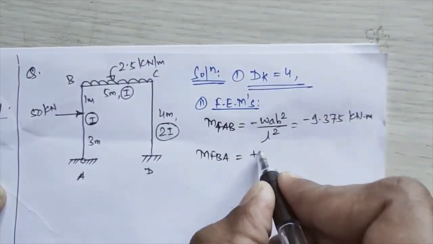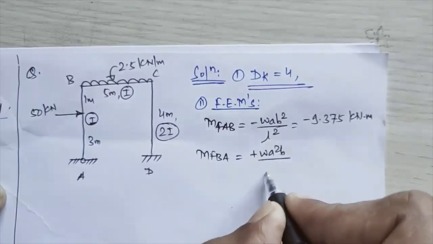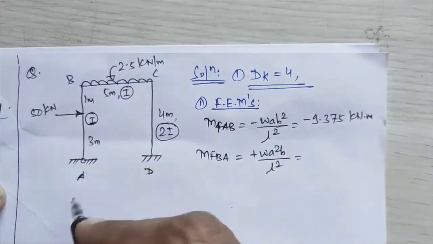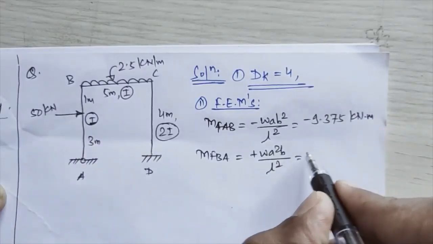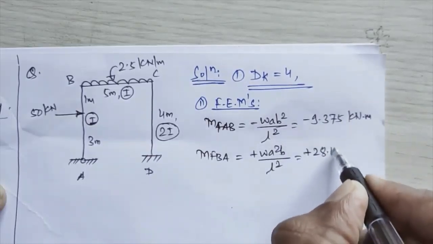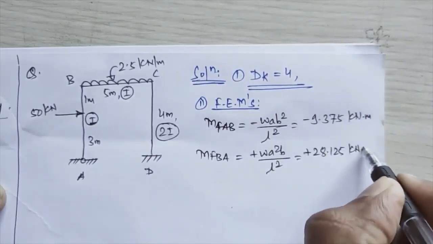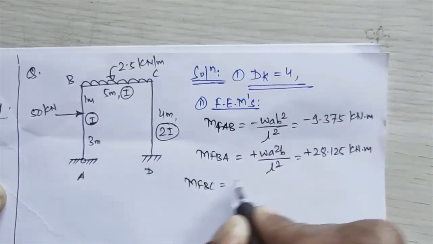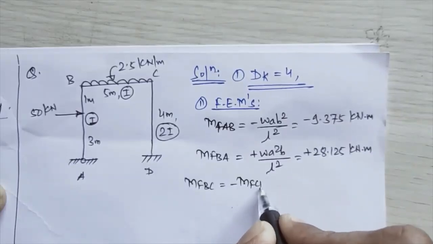Next, MFBA. In MFBA, you will get plus W a square b divided by L square. So W is 50, a is 3, b is 1, divided by L, which is 4. If you substitute, you get 28.125 kilonewton meter. After that, MFBC is equal to minus of MFCB.